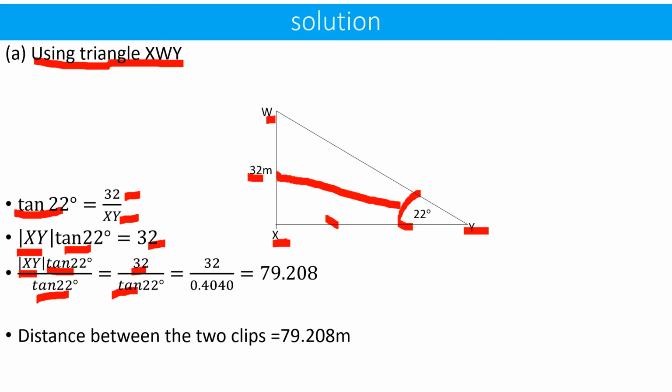So tan 22 is 0.4040, so 32 over 0.4040, we get 79.208. So the distance between the two towers is 79.208 meters.